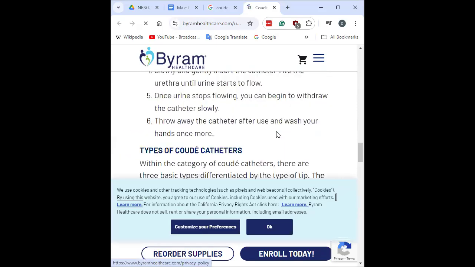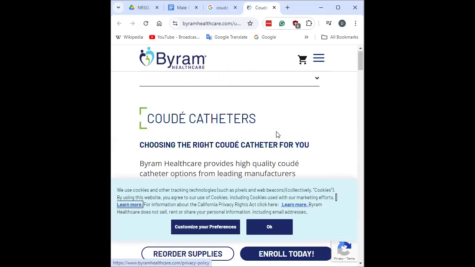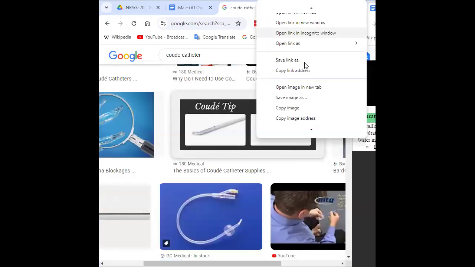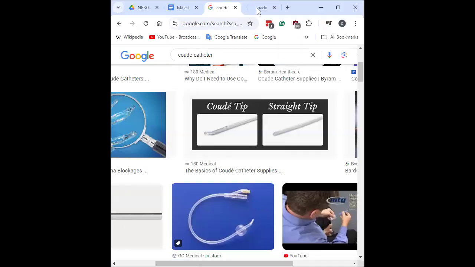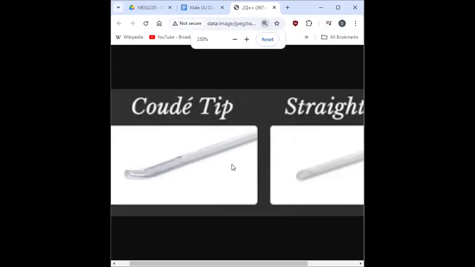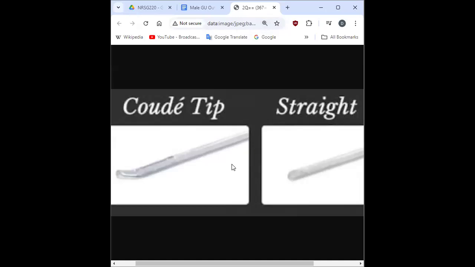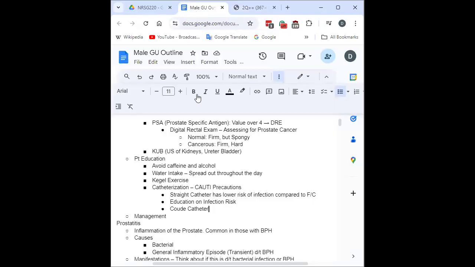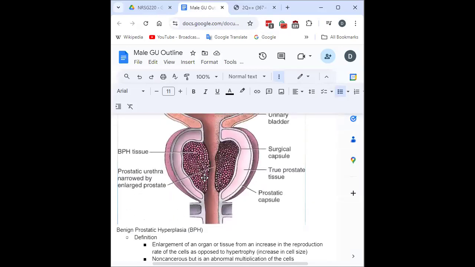Let's open an image in a new tab. Boom. You can kind of see how that curve works. A coude tip is preferred. It's going to make it easier to get through the squeezing of the prostate here.